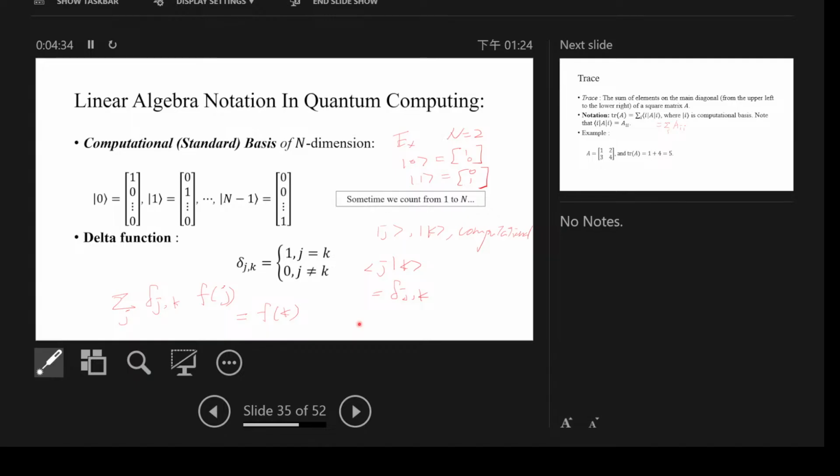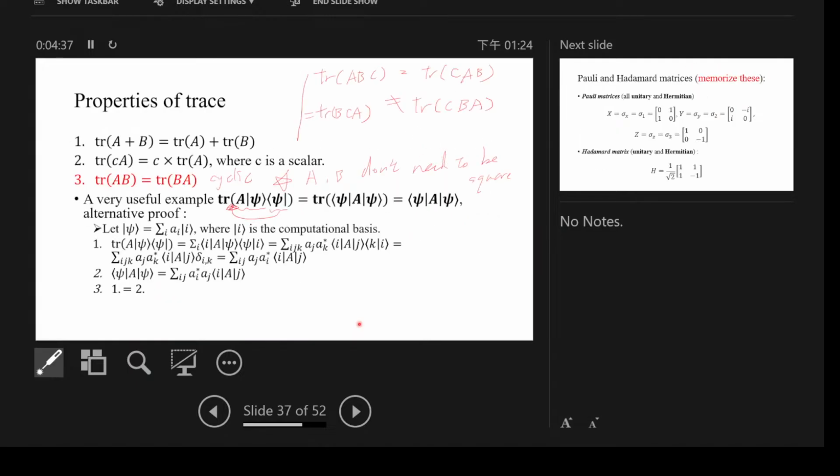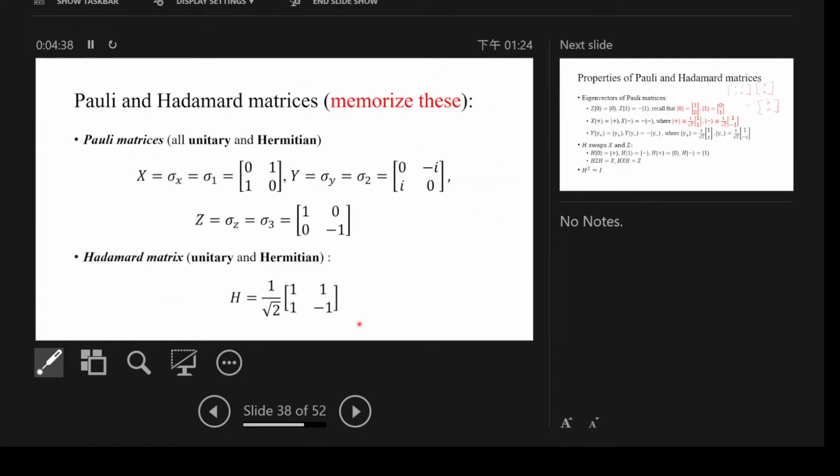Okay. And then we have those three 2x2 matrices in computing. They are the X Pauli, Y Pauli, and Z Pauli. And once again, X Pauli is this 0, 1, 1, 0 matrix.